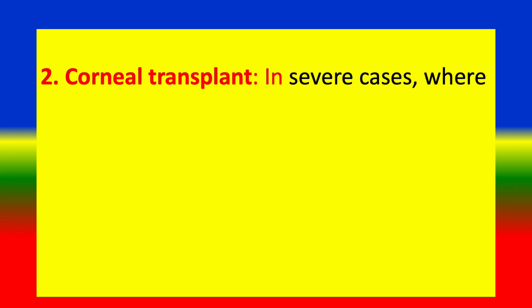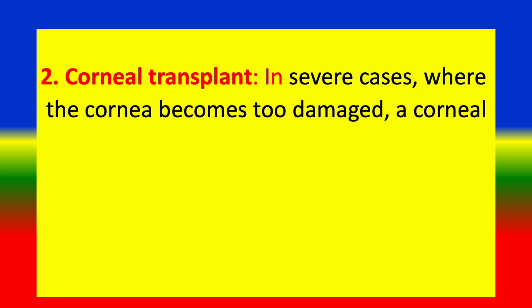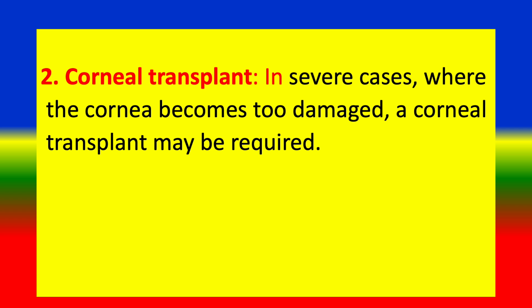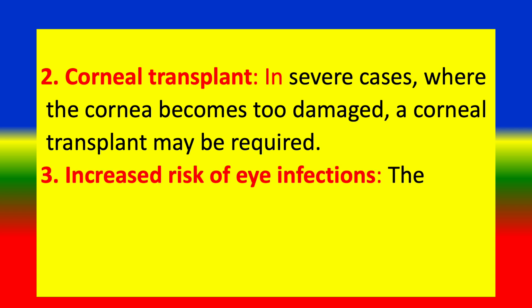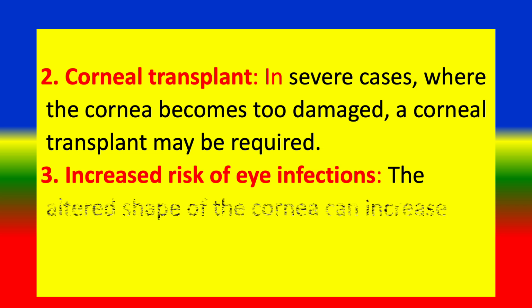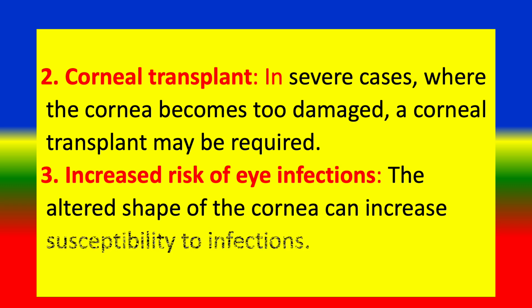Corneal transplant. In severe cases where the cornea becomes too damaged, a corneal transplant may be required. 3. Increased risk of eye infections. The altered shape of the cornea can increase susceptibility to infections.